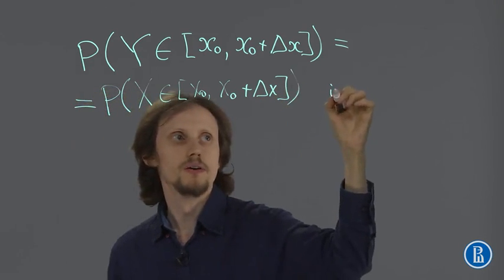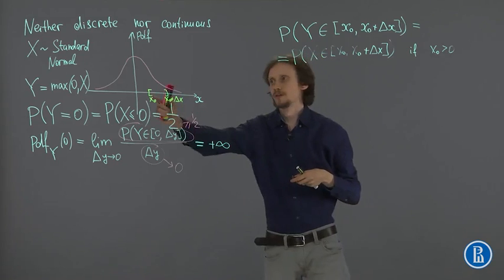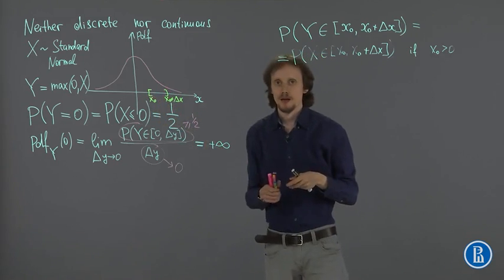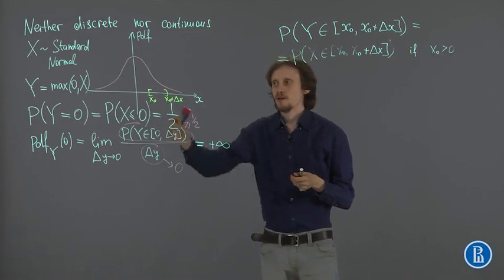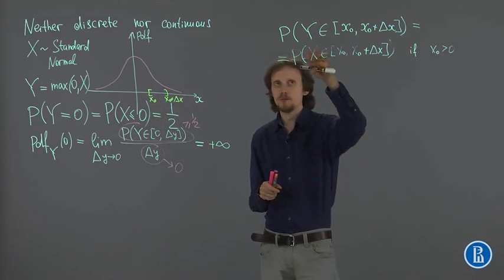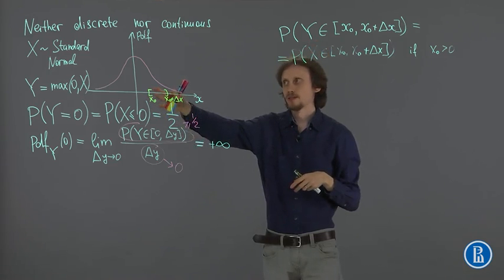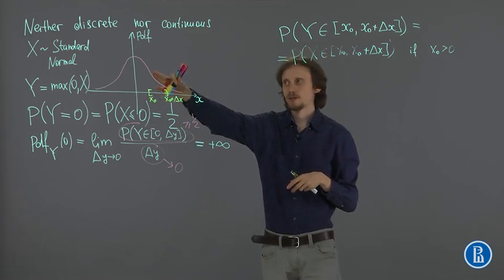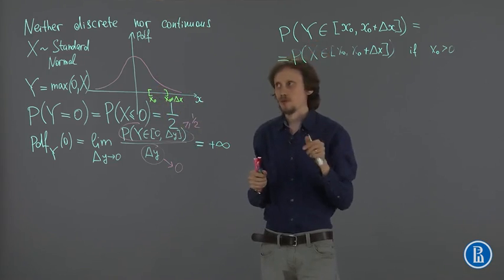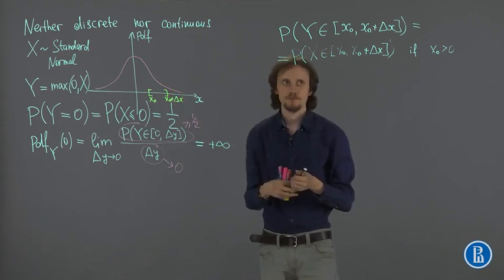It means that for this part of the picture, we can define a probability density function for y. And this probability density function will be the same as for x. So it will be a half of the standard normal distribution, the right half.